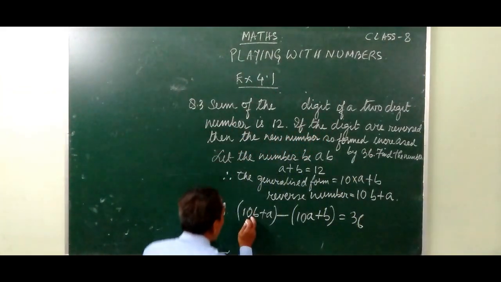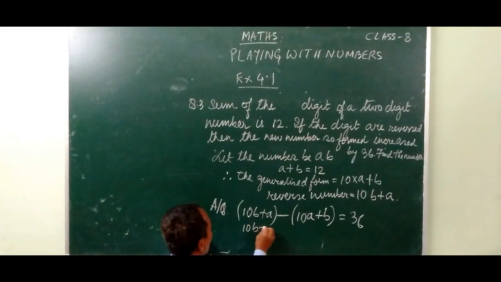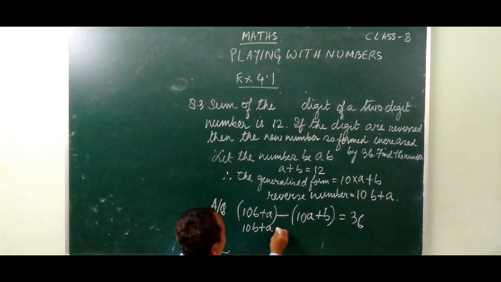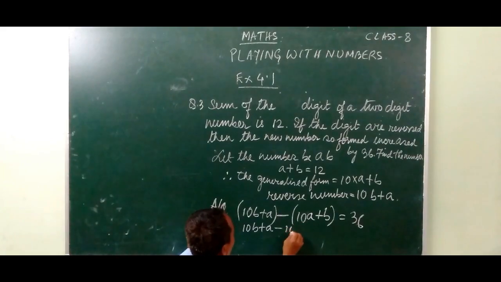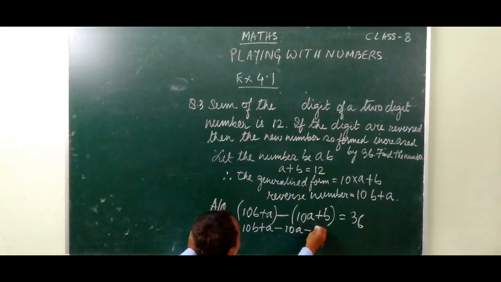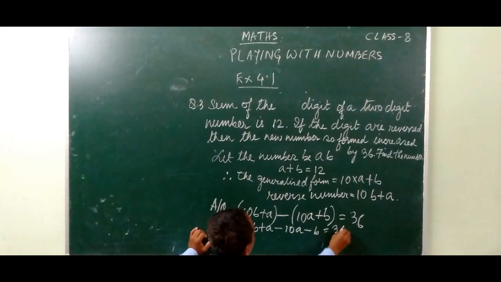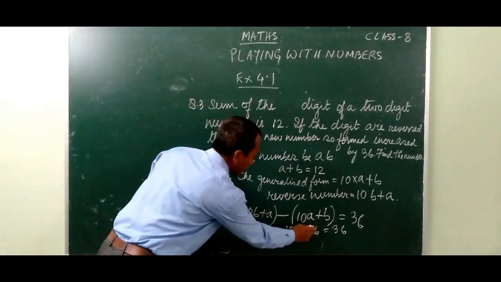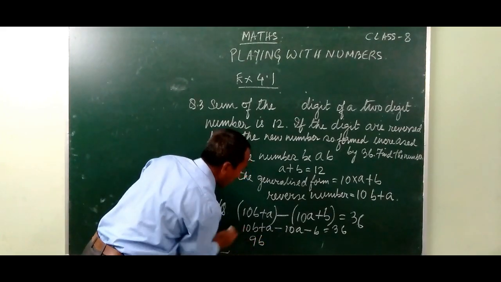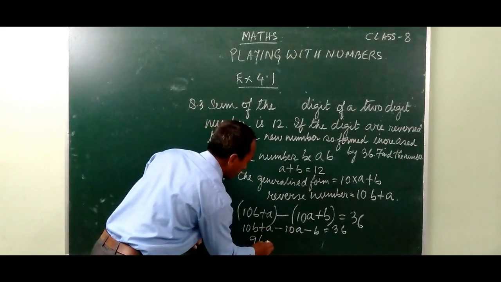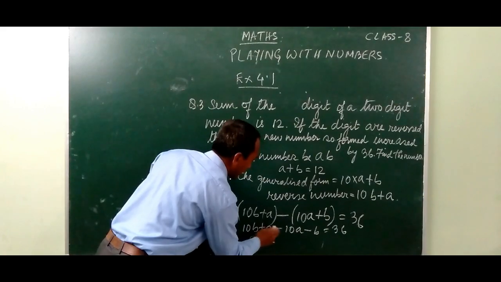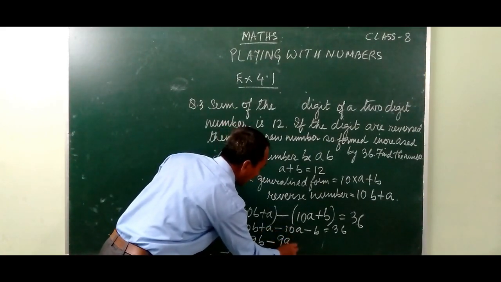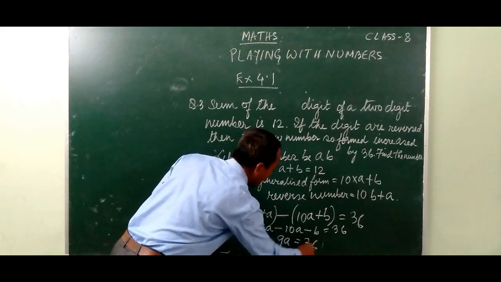So it becomes 10b plus a minus 10a minus b equals 36. Now 10b minus b is 9b. A minus 10a is minus 9a. So 9b minus 9a equals 36.